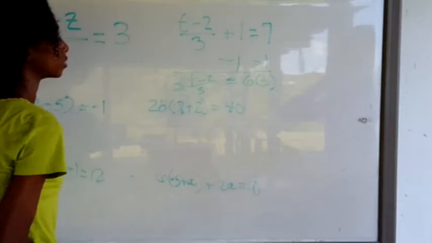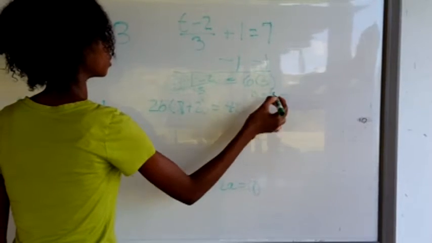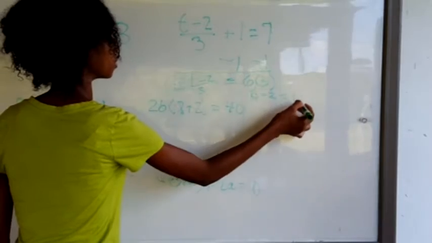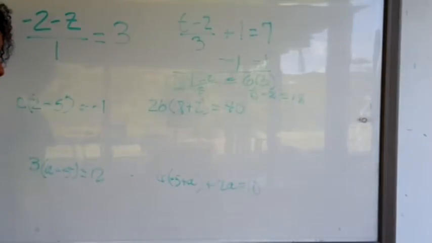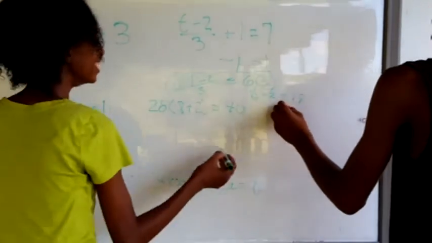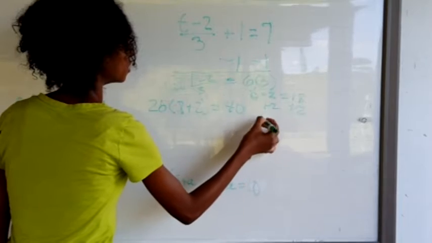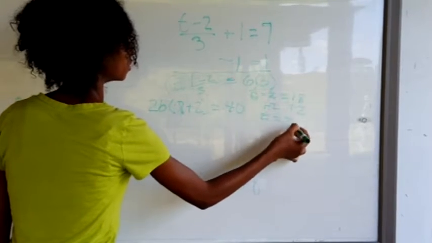So now you should have t minus 2 equals 18. Didn't I say you were right? So now you're supposed to add 2 to both sides, and now you get t equals 20.